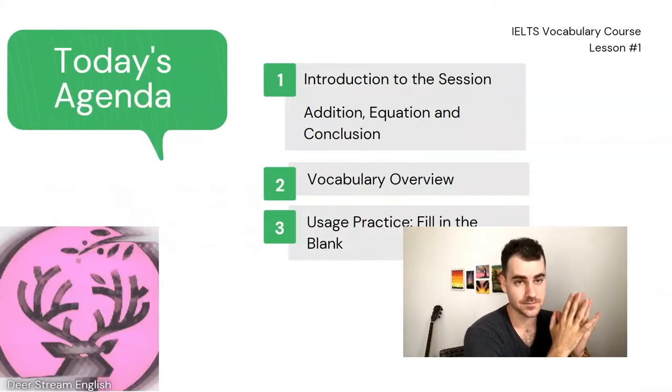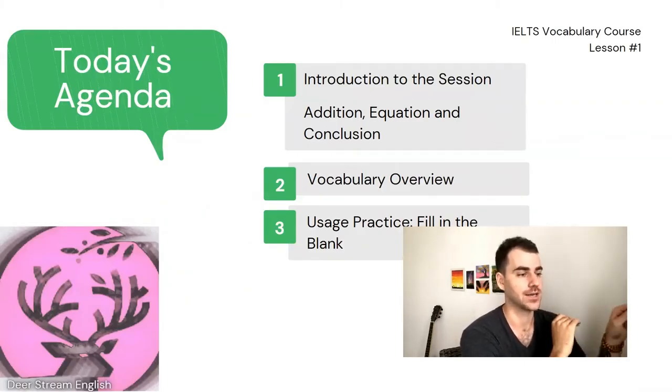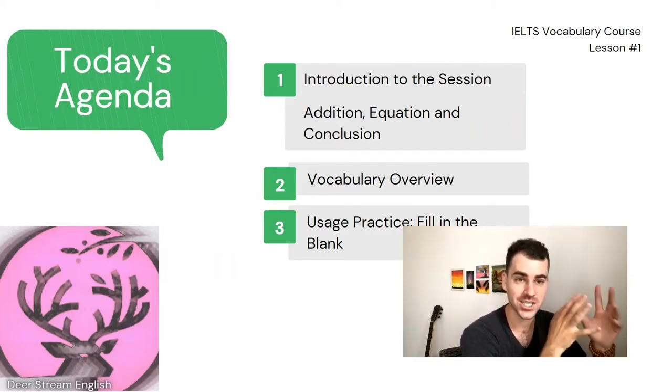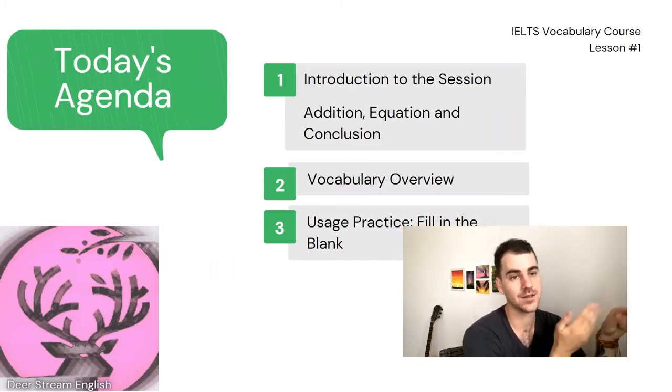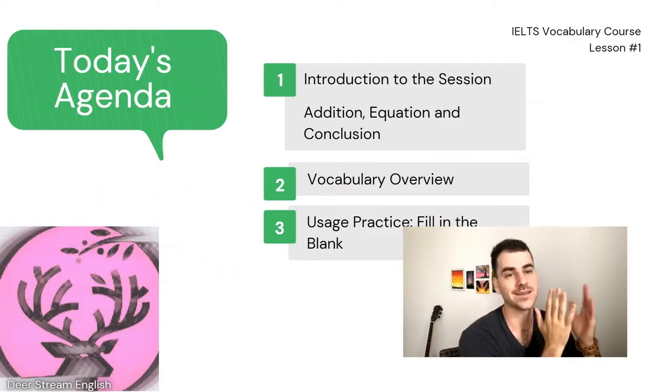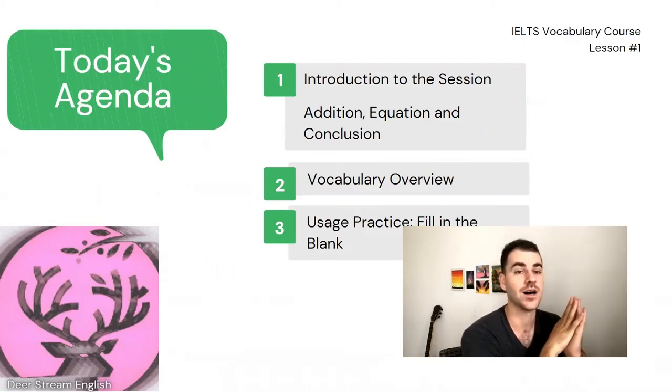Today's agenda, we're going to be talking about words related to these three concepts: addition, equation, and conclusion. So addition is like this plus that. The most common addition word is and, but we're going to be learning a lot of other words that you can use. If you don't want to use and, you can use many other words.